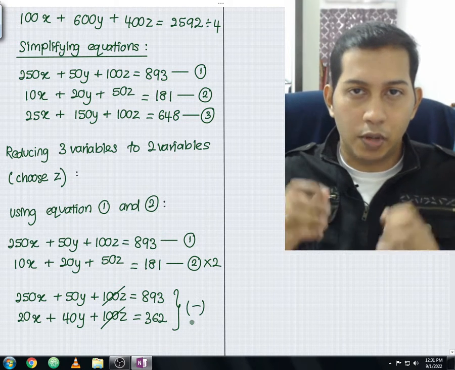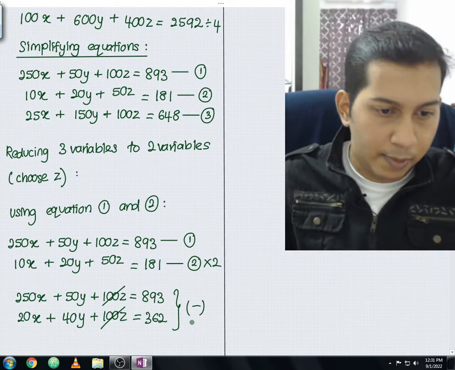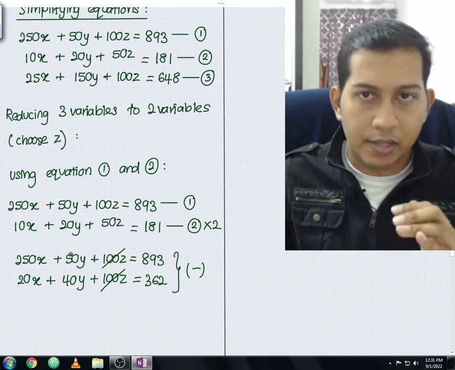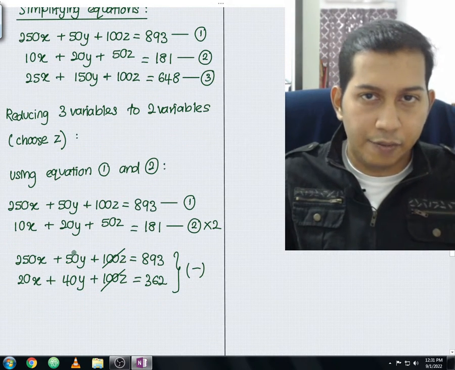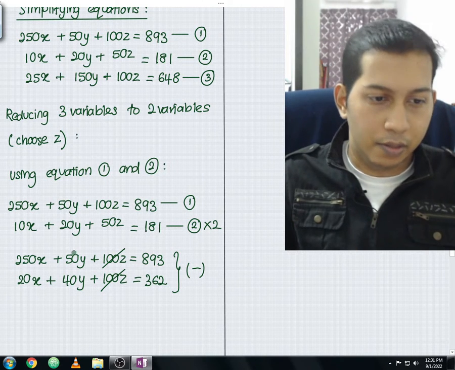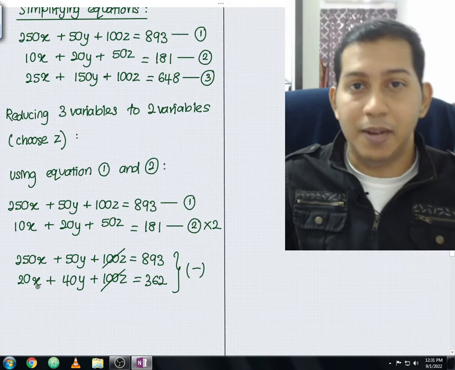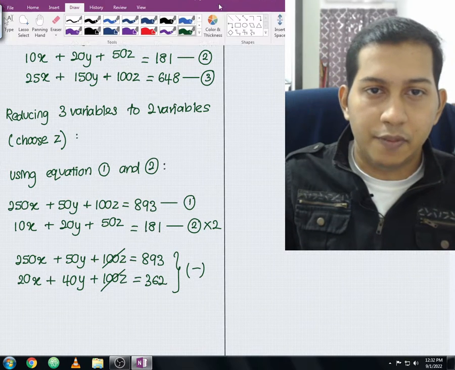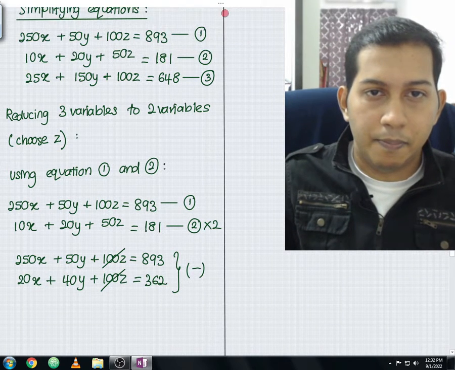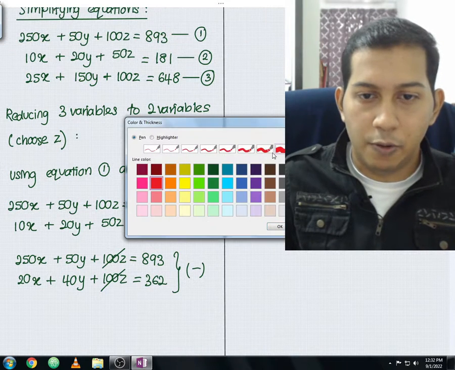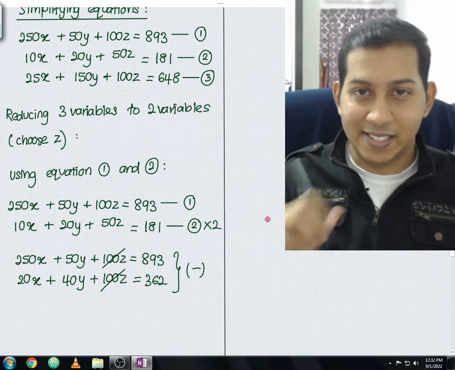I hope you guys understand the working till now. So let us perform the subtraction for the left hand side followed by the right hand side. So 250x minus with 20x, but before that, it is better for me to change the pen ink. Why I'm changing the pen ink, you will know it later on. Just stay with me.